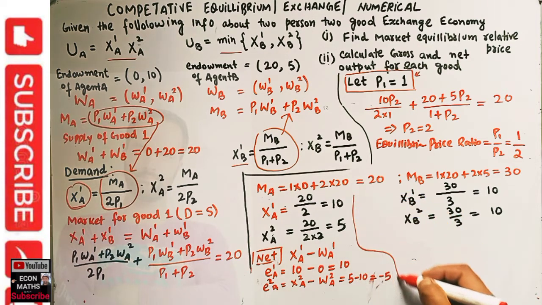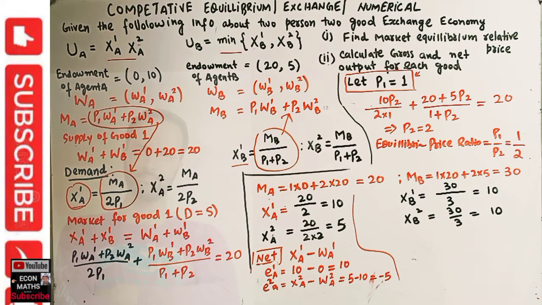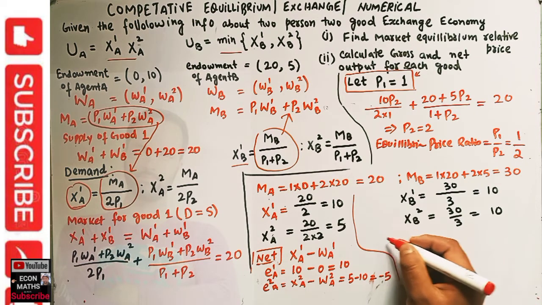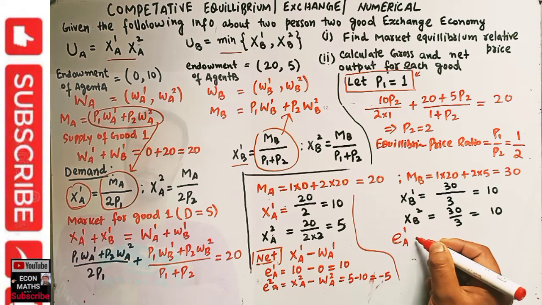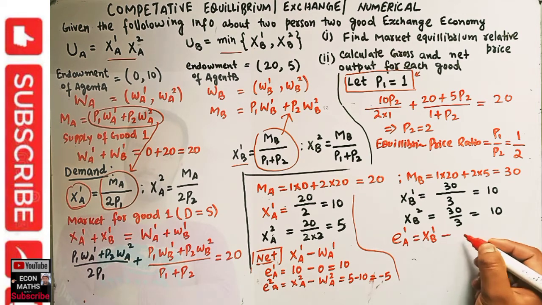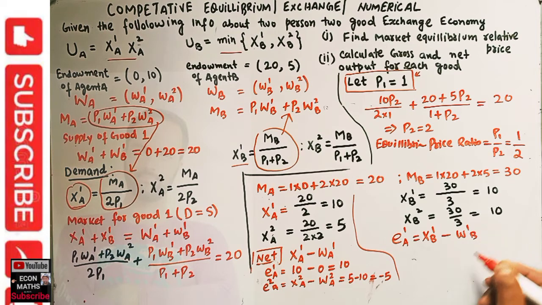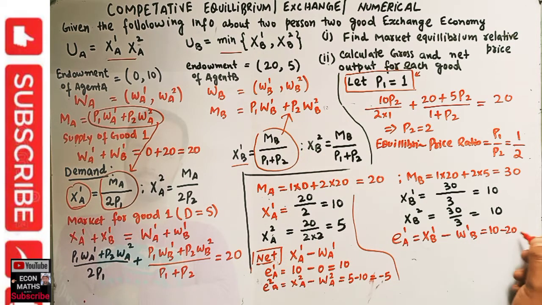And symmetrically, if you find it out for person B, it will be the opposite. Okay, so for person B, what is the excess demand of good 1? It will be equal to XB1 gross demand of good 1 minus initial endowment of good 1. And gross is 10, and initially he is holding 20, so it comes out to be minus 10.